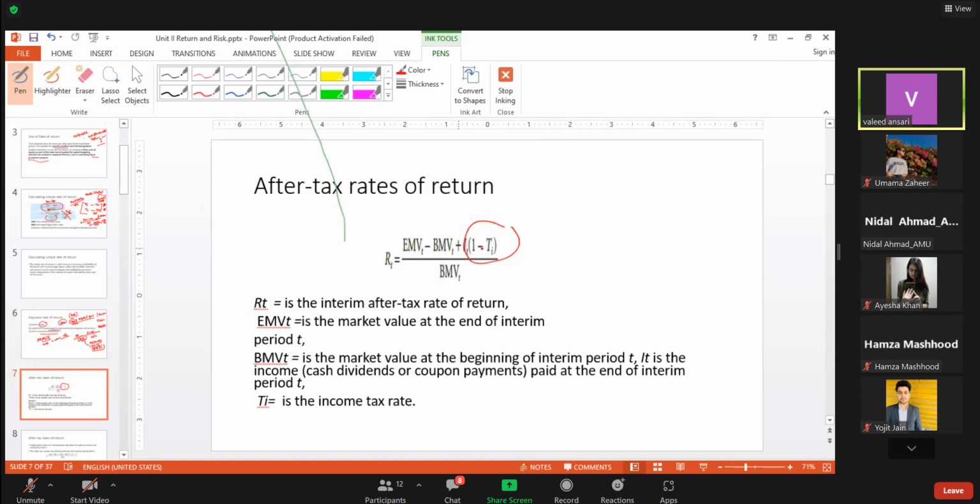So you see that here I am assuming that the dividend is taxed, not the capital gain. But if the capital gain is also taxed, then if somebody sells off, it will be subjected to the same one minus the tax bracket, and plus this. So the point here simply is that the simple return is not important, but after tax return is also important.